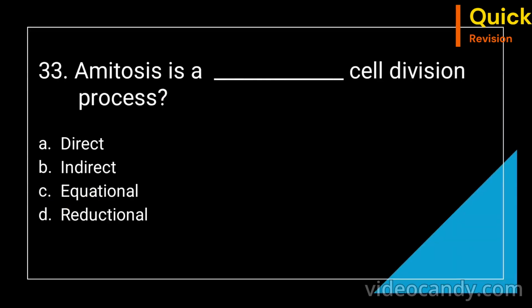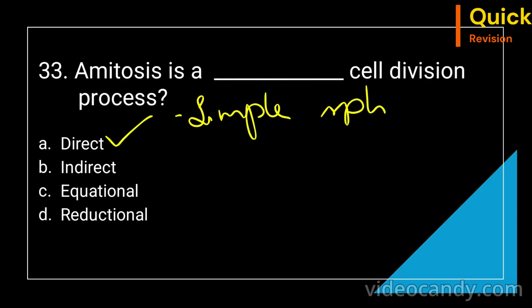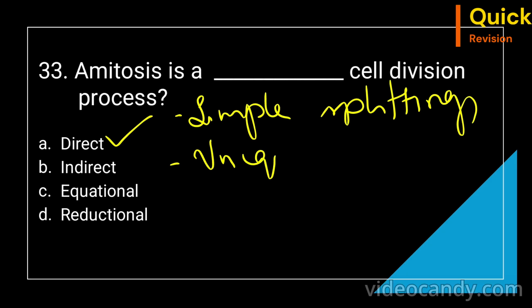33rd question. Amitosis is a dash cell division process: direct, indirect, equational, or reductional? The correct answer is direct cell division process. Why are we calling it direct? Because it's just a simple splitting of the nucleus and the cytoplasm. And here you can see there is unequal, random distribution of the genetic material.